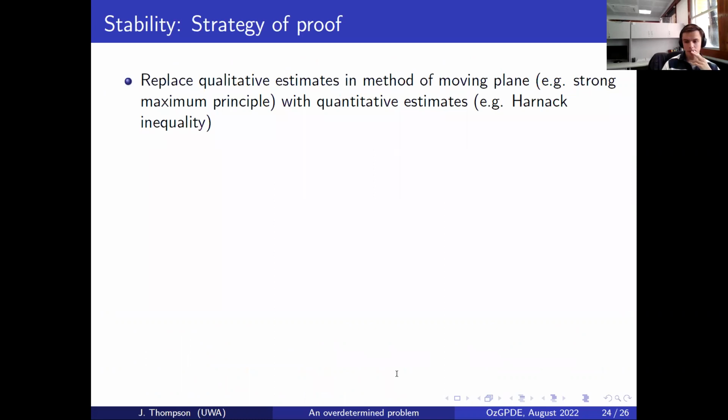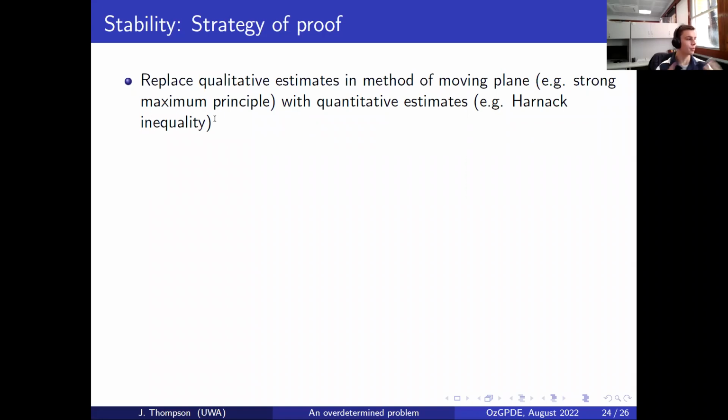Okay, and so the idea of the proof with these stability type of problems is to repeat the method of moving planes as we did before, but every time we make some kind of qualitative estimate, so for example, we apply the strong maximum principle, we want to replace this by a quantitative estimate.